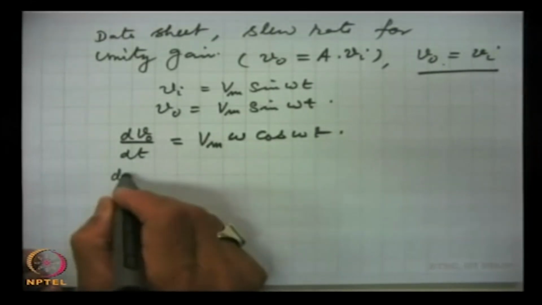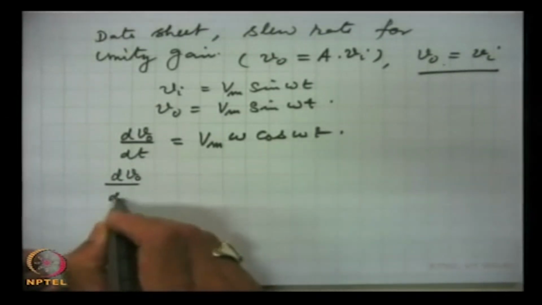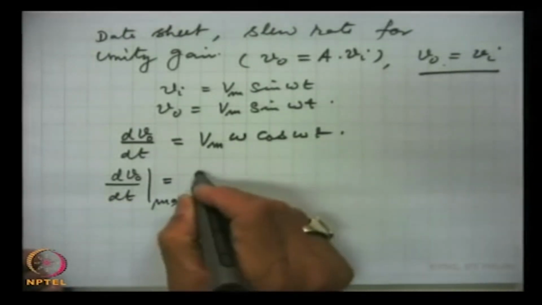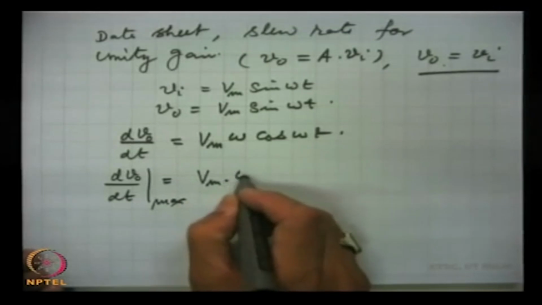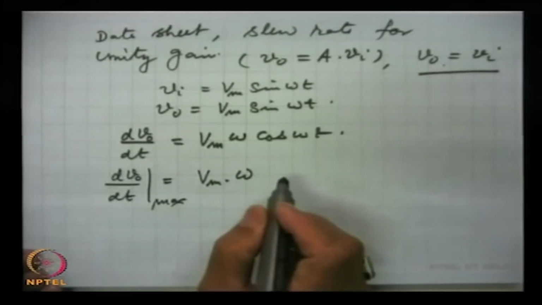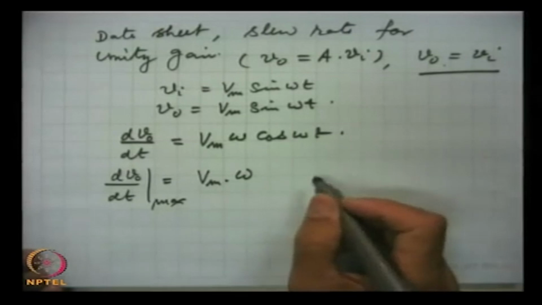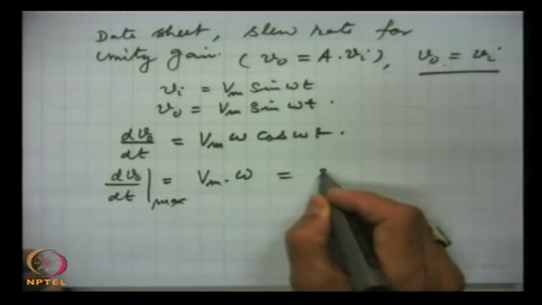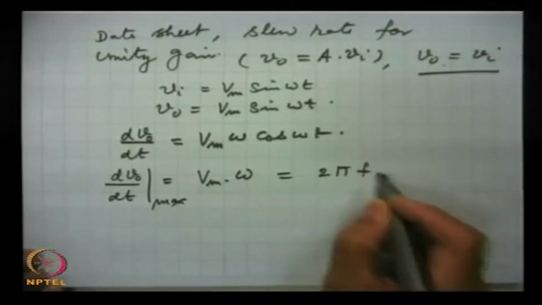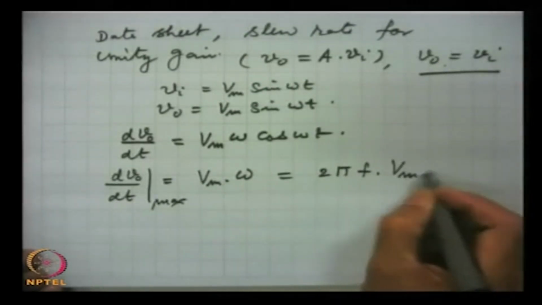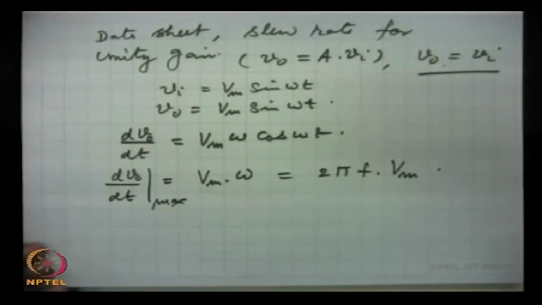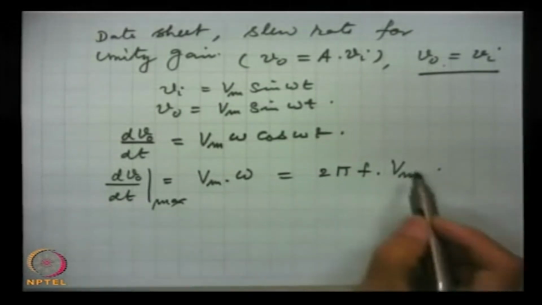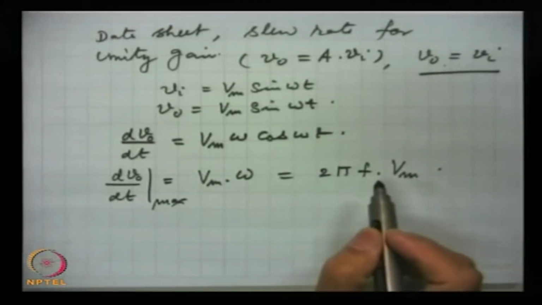So, dV0 by dt maximum is Vm into omega, and omega is 2 pi f. So, this is 2 pi f into Vm, and from here we get a relationship between the peak voltage and the maximum frequency.